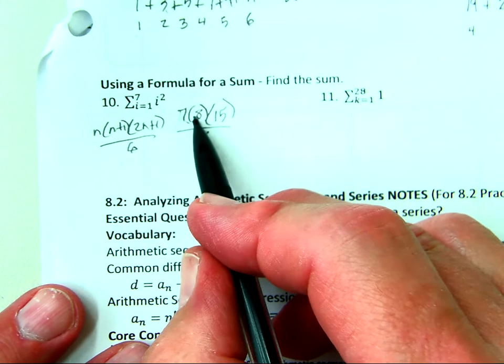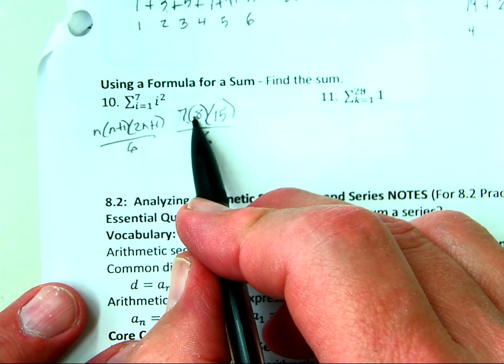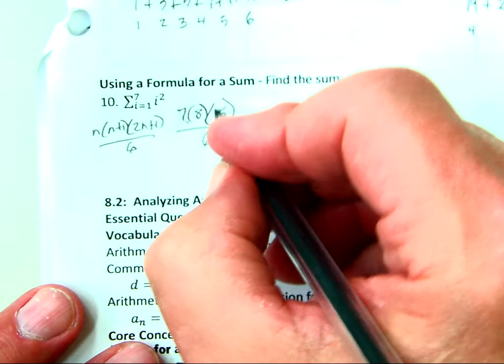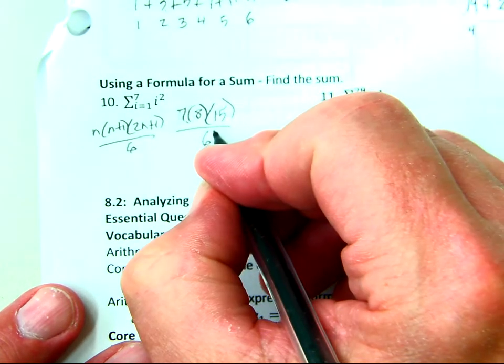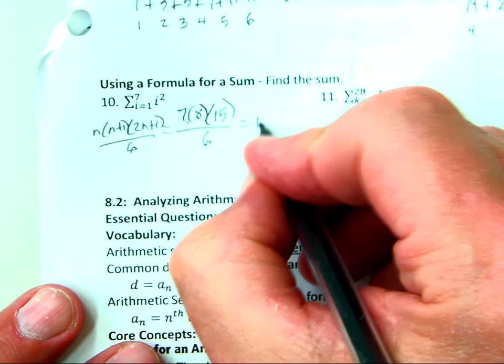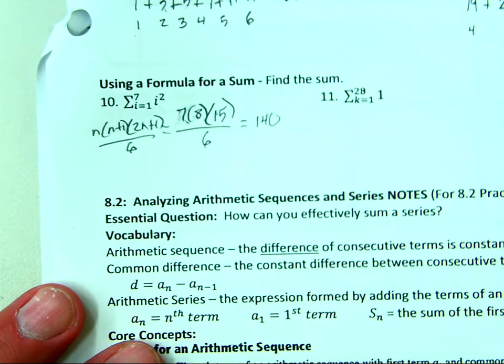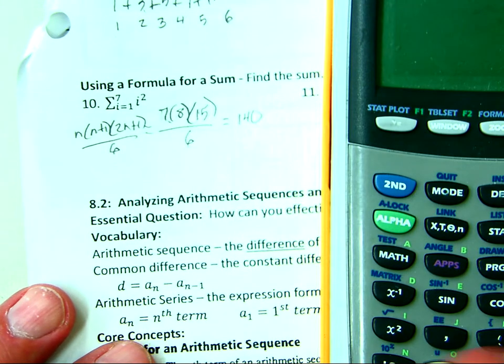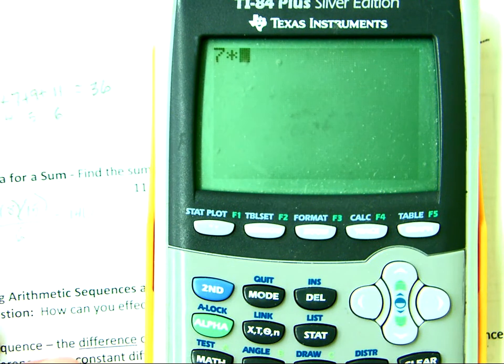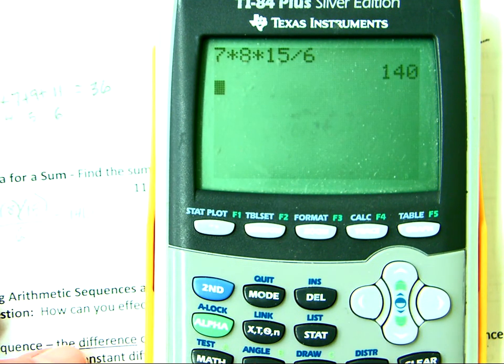So 7 times 8 times 15, and 6 goes into that, you can simplify it. If you work that out on your calculator, you should come up with 140. So we take 7 times 8 times 15 divided by 6, 140.